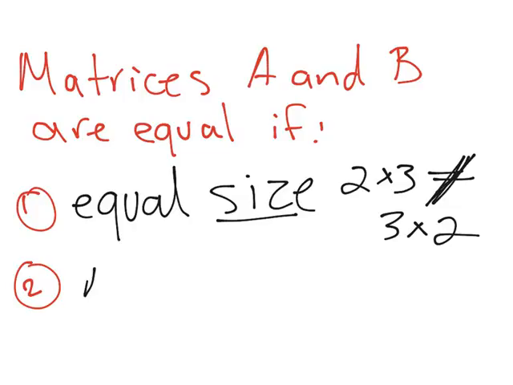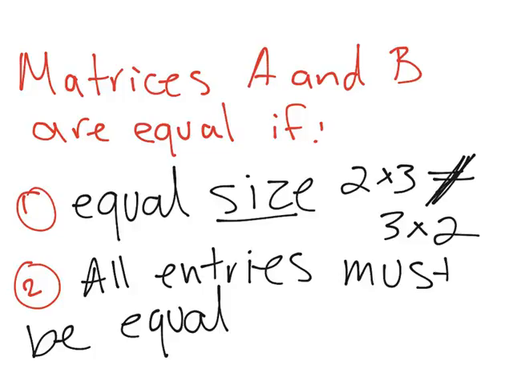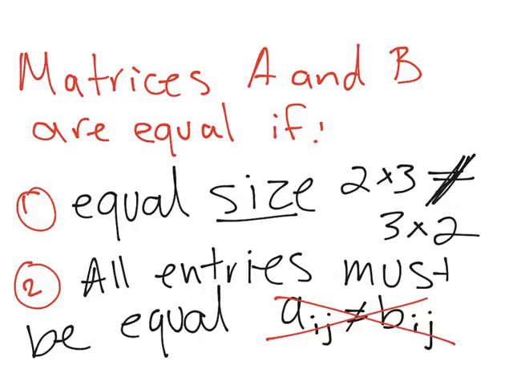Also, to be equal, all entries must be equal as well. If Aij is not equal to Bij, then the matrices are not equal. They must be the same. So this is just the basics for matrices. Keep watching the videos to find out more.